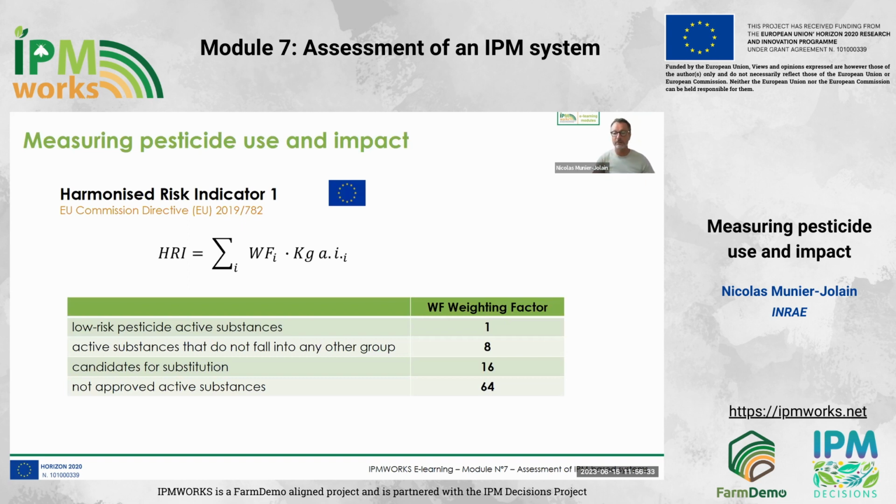You have in the table at the bottom the weighting factor, which is ranging from 1 for low risk pesticide active substances to 64 for not approved active substances. Candidates for substitution are assigned a weighting factor of 16, whereas other active substances are assigned a weighting factor of 8.